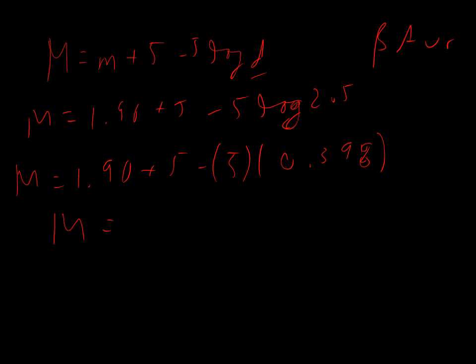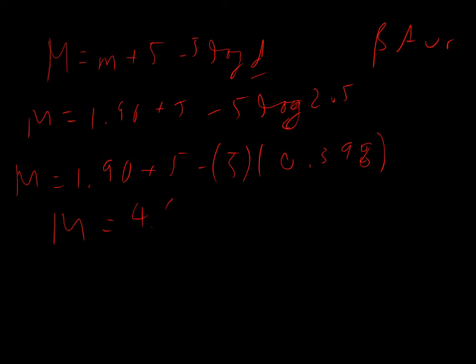But if you do this correctly, then the absolute magnitude of the star is going to be 1.9 plus 5 minus 5 times 0.398, which is 4.91.